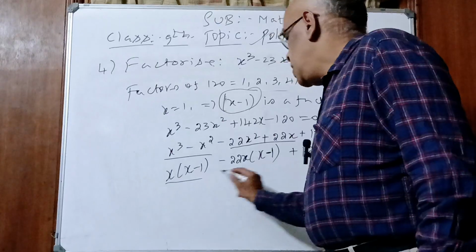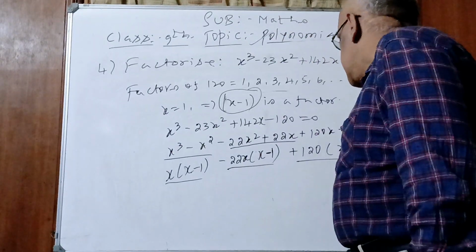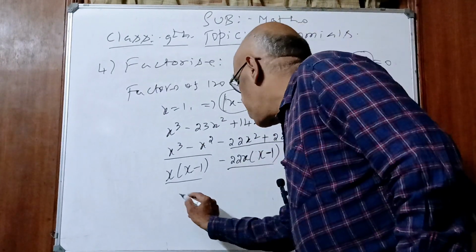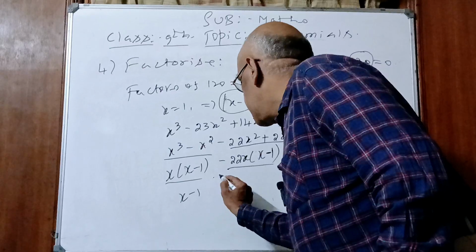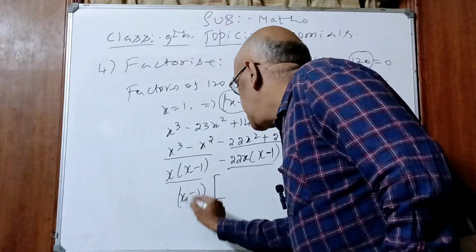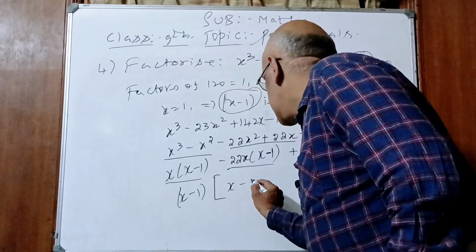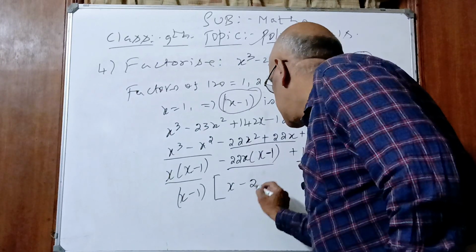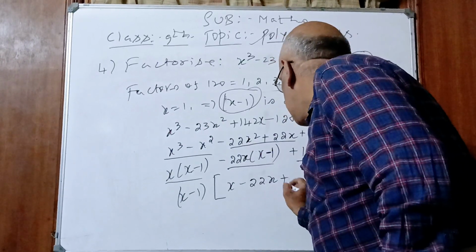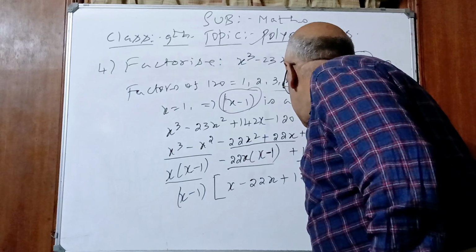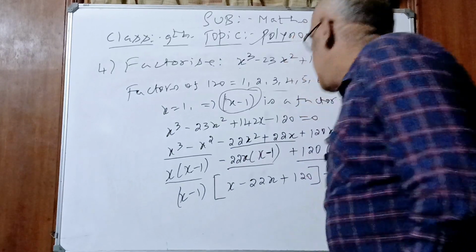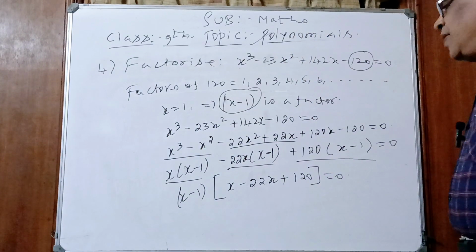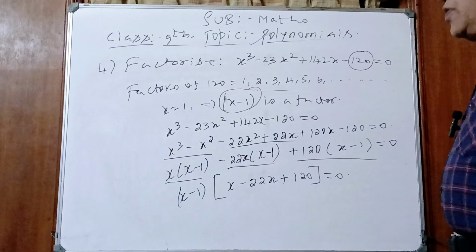So 1 term, 2 term, 3 term. What is common here? X minus 1. What is left here? X squared minus 22x plus 120 is left here. Yes or no? Yes. Then what do you have to do?